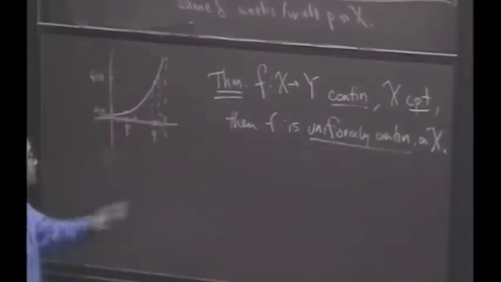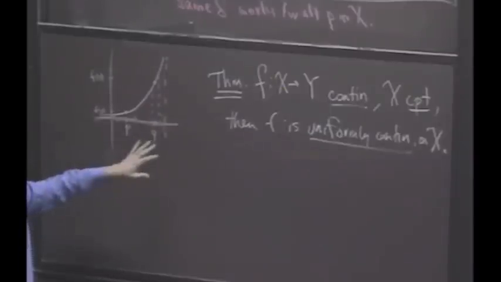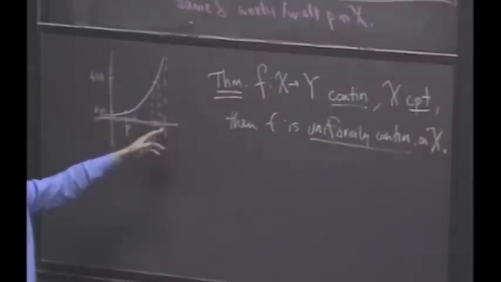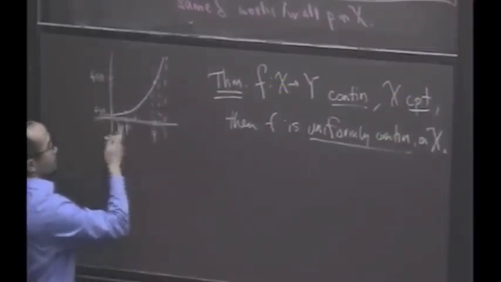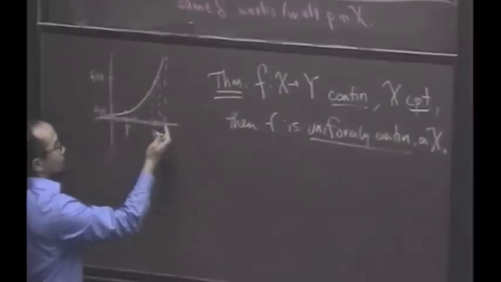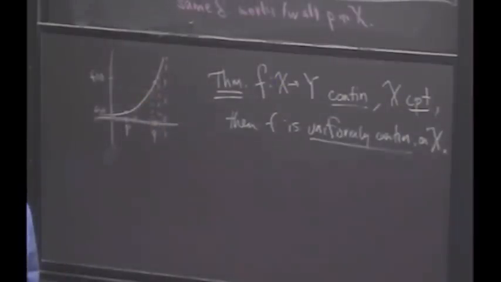So what it's saying is this example is sort of pointing out where the problem is in this example. It's bringing up the fact that, if this domain had been compact, I would have been in good shape. For instance, if this domain had stopped right before it got to the asymptote, then I'd still be okay, wouldn't I?